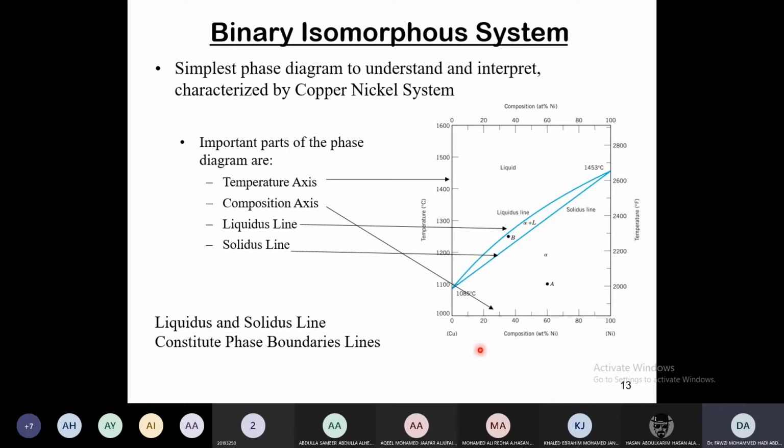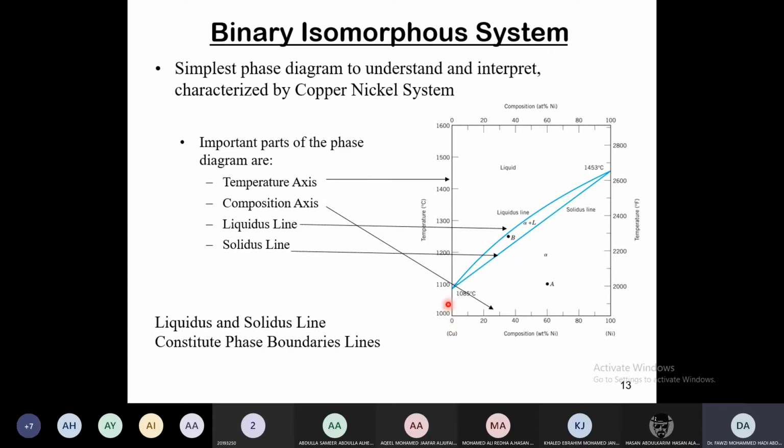If we look at pure metals, like the pure nickel, for example, that's the pure nickel, and that is the pure copper. So if you have 100% copper there, what is the melting point of copper? You can see it from the phase diagram.